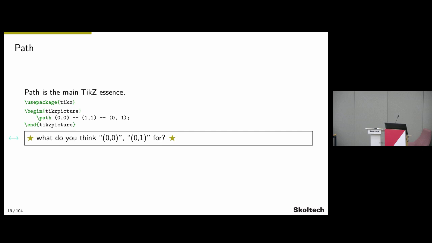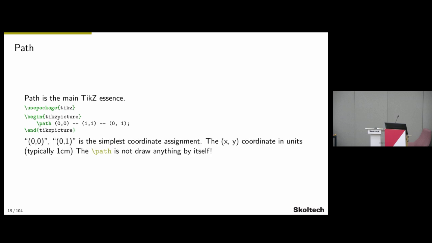We have 3 dots on the square mesh, kind of. Yeah, these are coordinates. Default units for the coordinates are centimeters. However, you can tell LaTeX to use other units of measure, but the default is centimeters. And path is kind of a global instance. It cannot draw anything. If you want to draw, you need to add additional options.